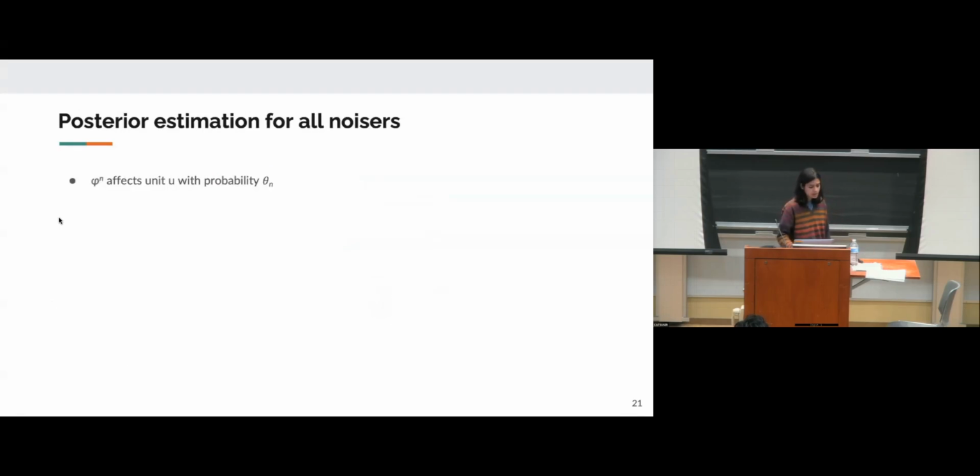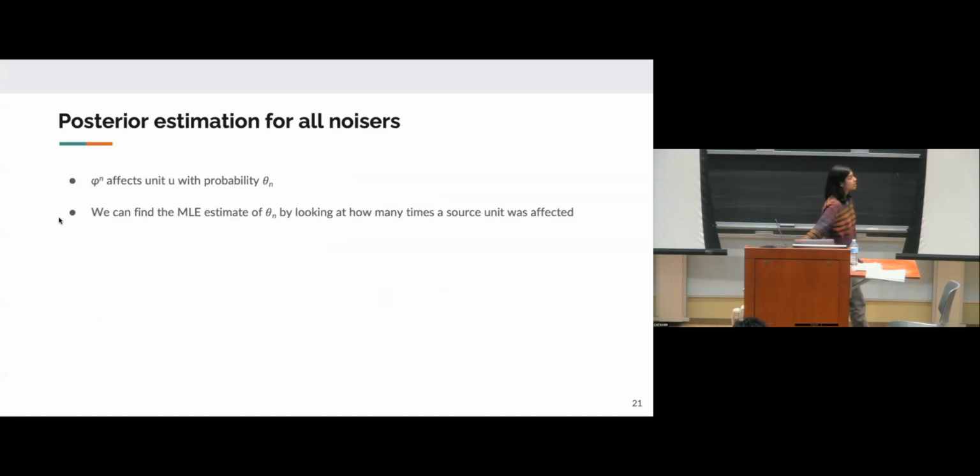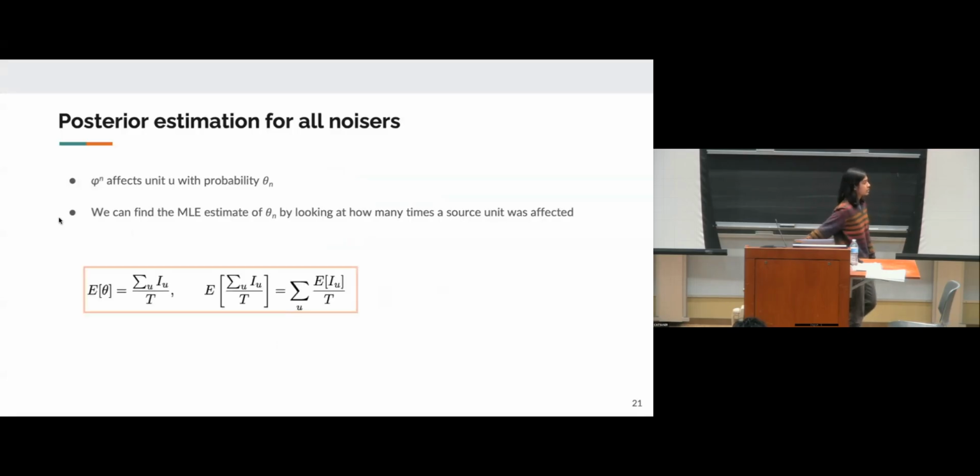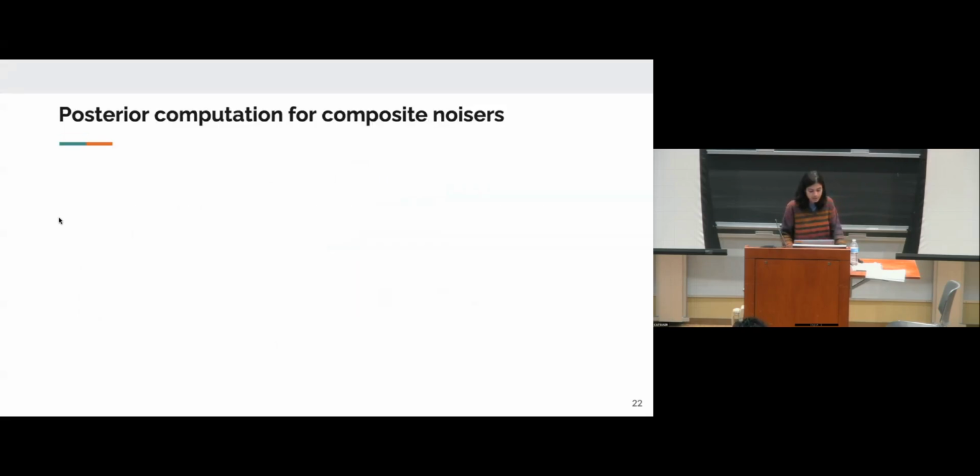And in some more detail, we said that our noiser affected some unit Q with some probability. And so all we need to do to find the posterior is just count how many times the source unit was affected over all units in the high resource language. Right. And there are some complications.